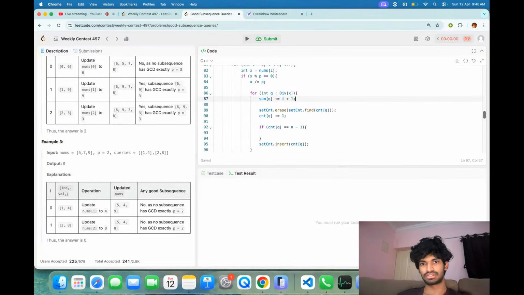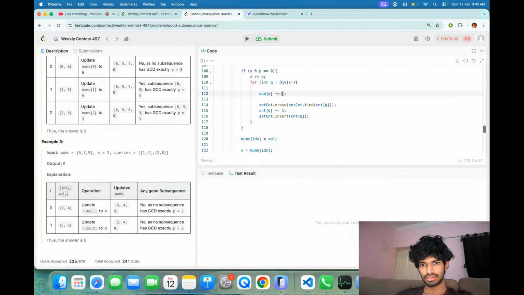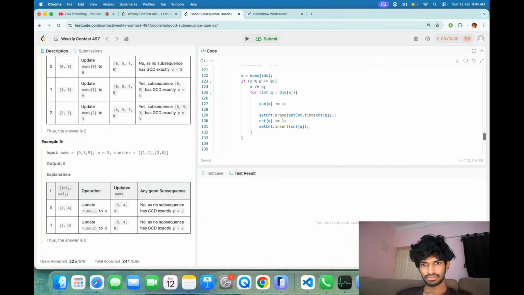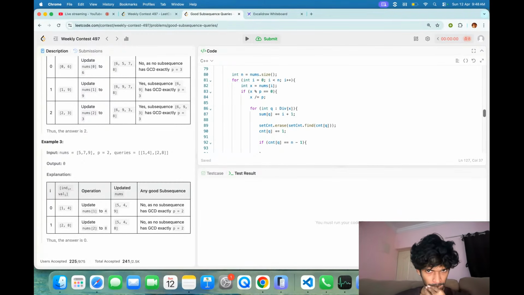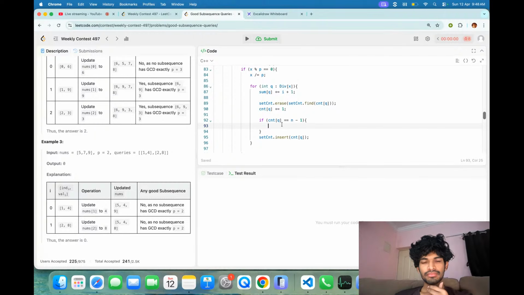I'll use one based index. Its count became n minus 1 means there are n minus 1 things that are dividing. So I want to know the failing one. What will be the failing one?